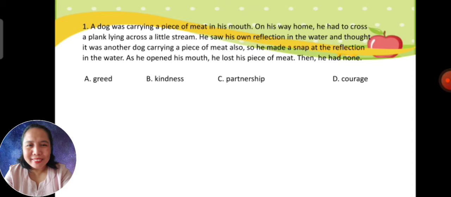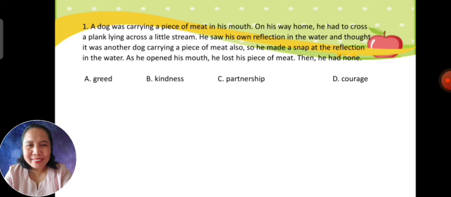Okay, the first one is, a dog was carrying a piece of meat in his mouth. On his way home, he had to cross a plank lying across a little stream. He saw his own reflection in the water and thought it was another dog carrying a piece of meat also. So he made a snap at the reflection in the water. As he opened his mouth, he lost his piece of meat.